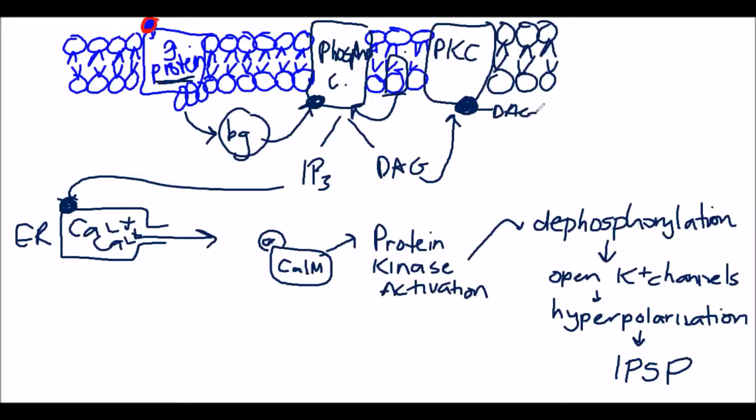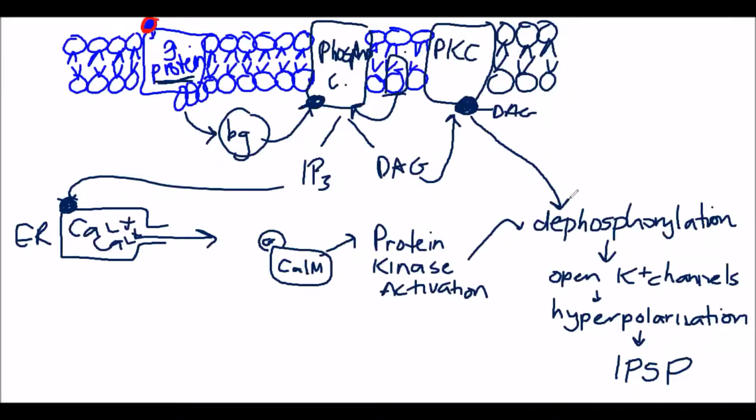And after binding to protein kinase C, it causes protein kinase activation. And what protein kinase activation causes is dephosphorylation. So you get dephosphorylation coming from IP3 and DAG, and then you again get opening of potassium channels, which causes hyperpolarization, which in turn leads to an IPSP.